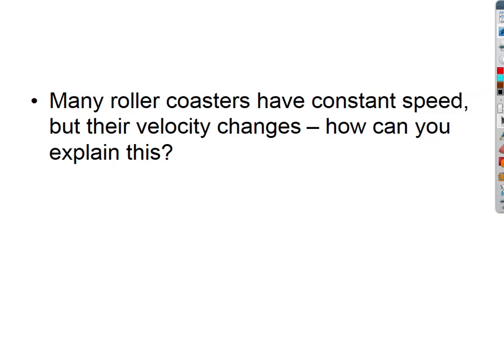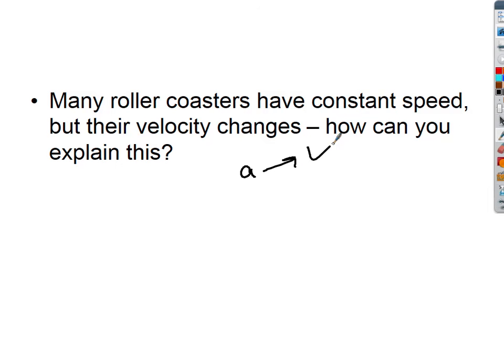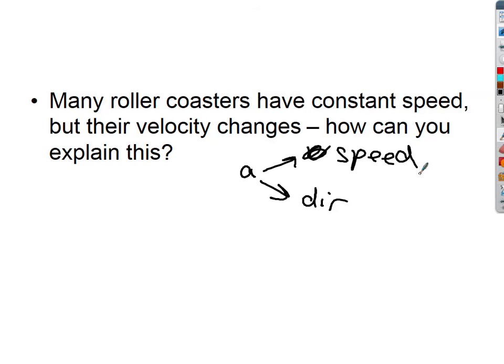Now we get to these more specific questions. Roller coasters will move at a constant speed, but will their velocity change? As it says here, their velocity does change. Why is this? This goes all the way back to Unit 1. What does it take to accelerate an object? Acceleration is a change in speed or a change in direction, a change in velocity.